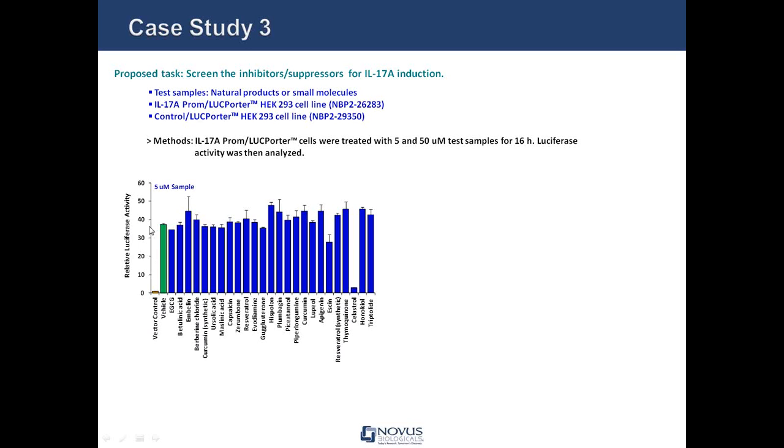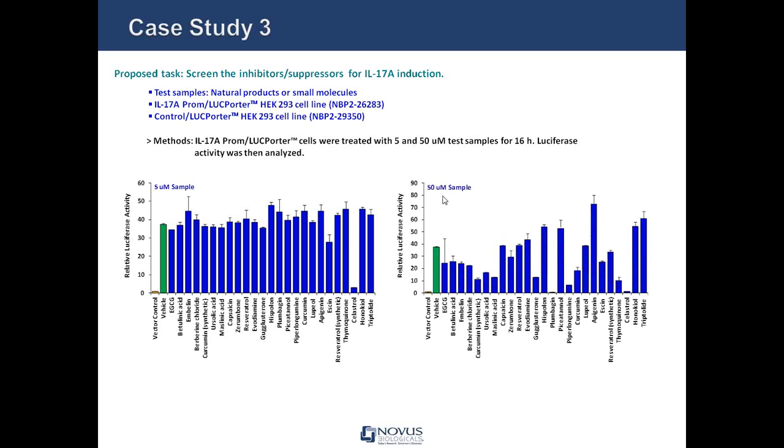You can see up to 40-fold induction. At 5 micromolar samples, not many compounds show inhibitory activity, except one compound. And at 50 micromolar concentration, there are several inhibitory compounds selected.